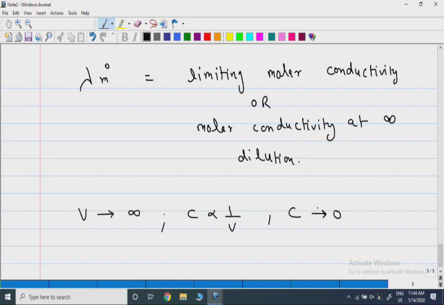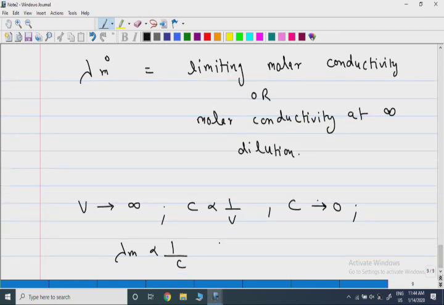Approaches 0. Then we know that lambda m is inversely proportional to the concentration. And something upon 0 is nothing but infinite.